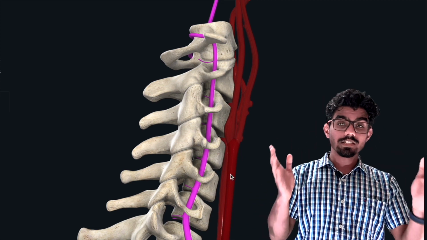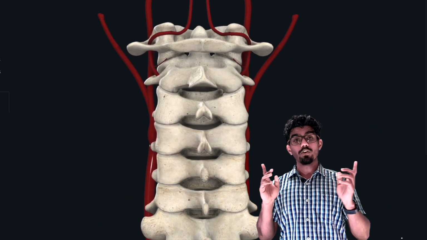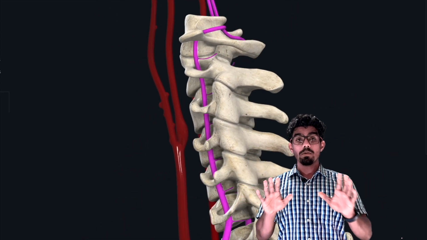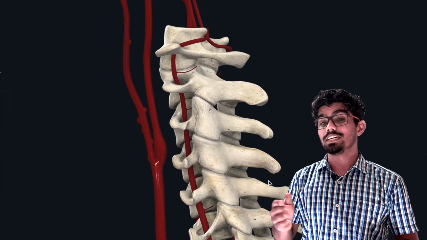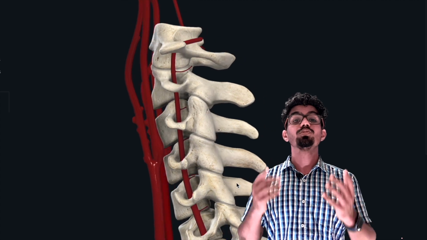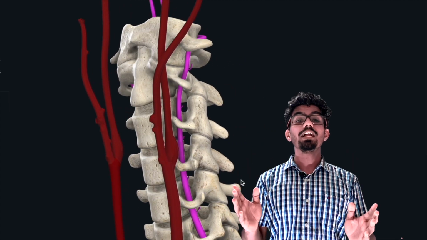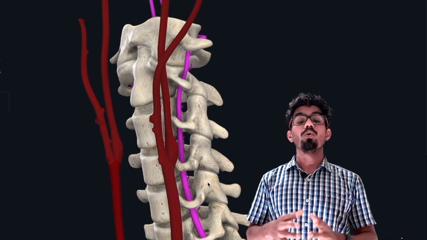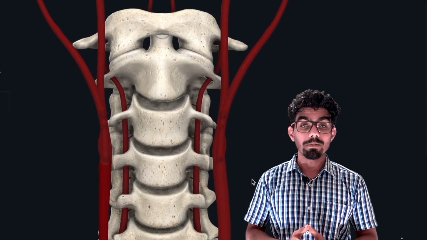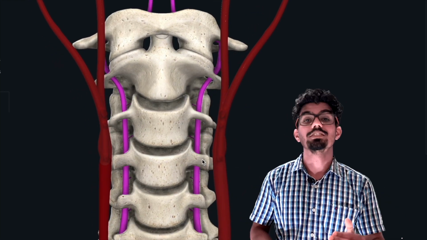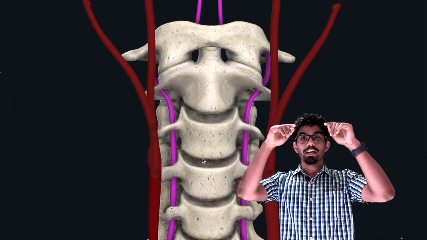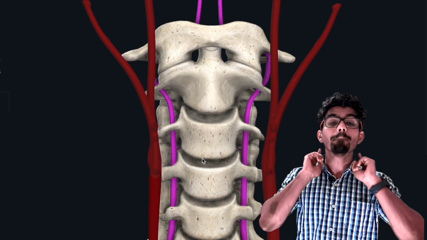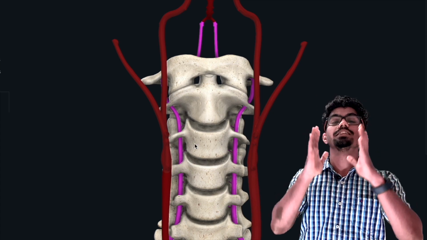Look, the 7th cervical vertebra has an opening in the transverse process, but that opening does not permit the vertebral artery to run through it. So the vertebral artery passes through the openings of the transverse process of the cervical vertebrae from C6 to C1. Okay, now it ascends up like this, and it goes through the foramen magnum and goes inside the skull.